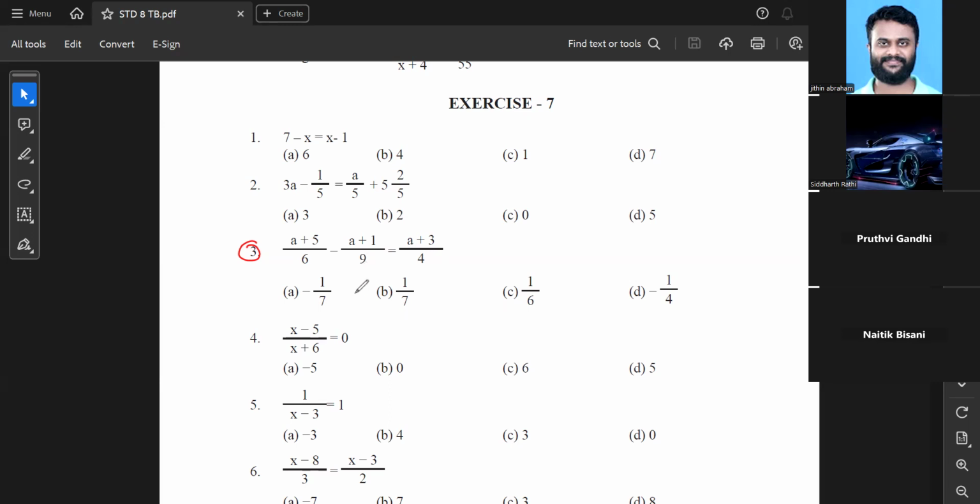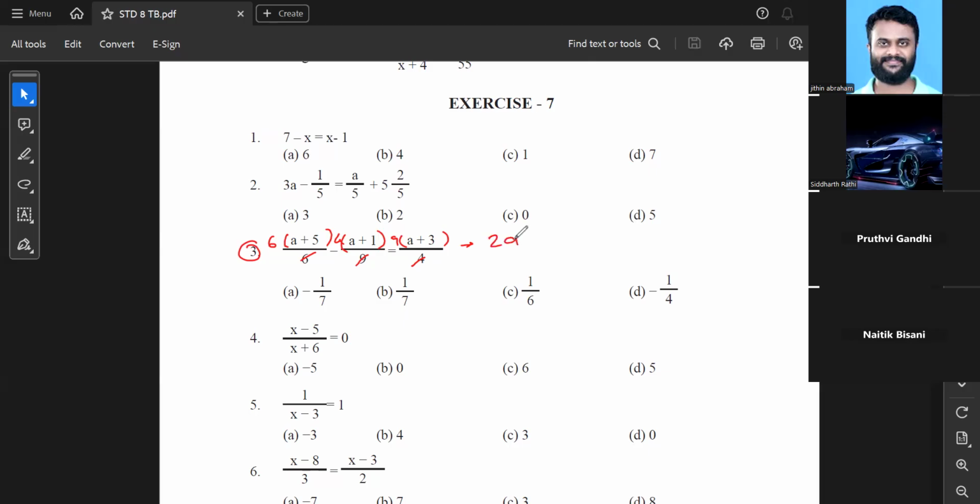Yeah, 36. 36 is the LCM for everyone. So let me multiply 36 everywhere. So that gives me 36 over here, 4 over here, 9 over here. So when I multiply, 6a plus 4, 6a minus 4a is 2a.